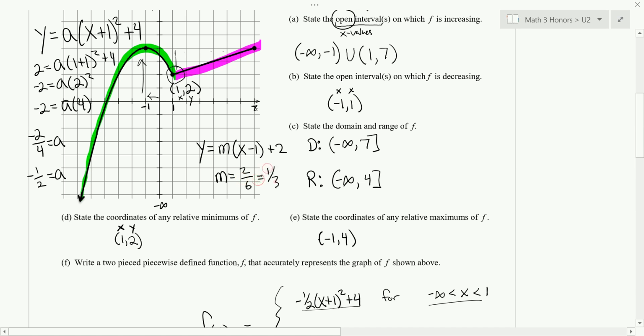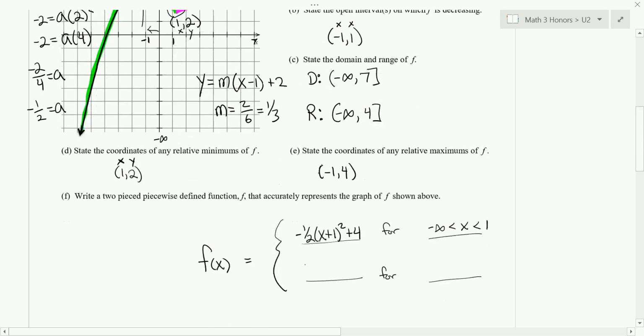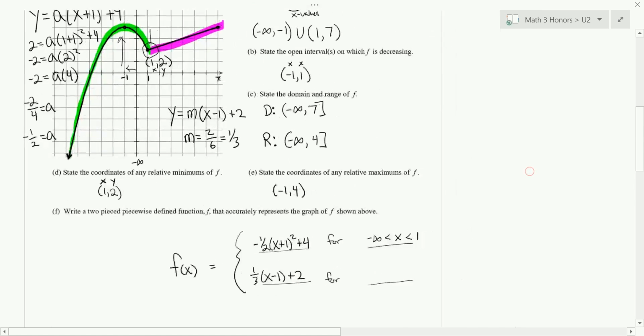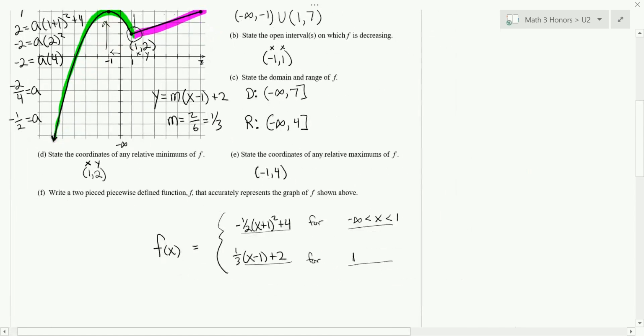Or 1/3. So we get 1/3 (x minus 1) plus 2. And that's between 1 and 7. And I'm going to make both of those closed. And that would be an acceptable equation.